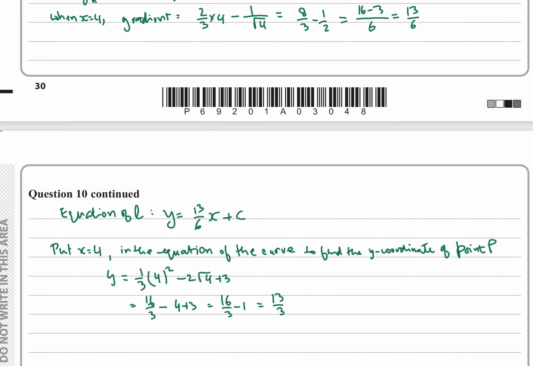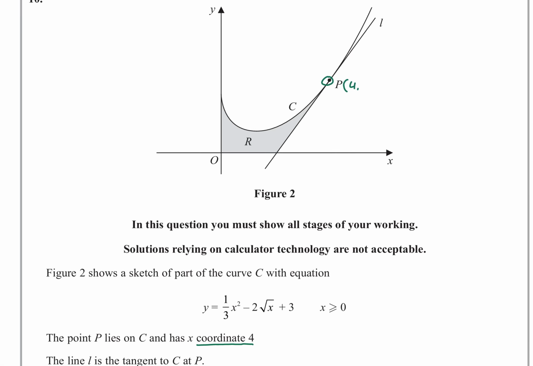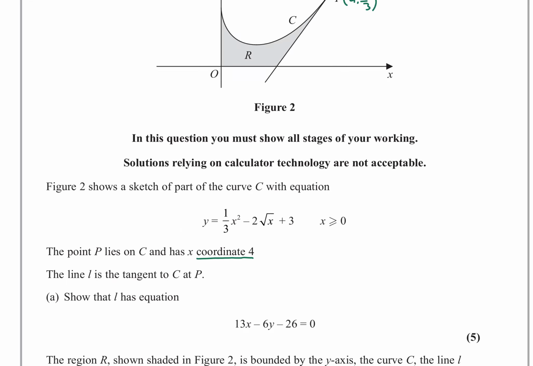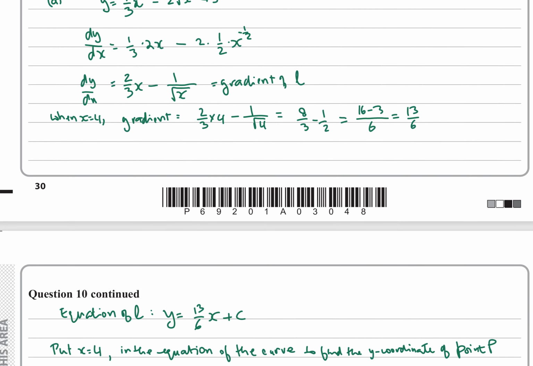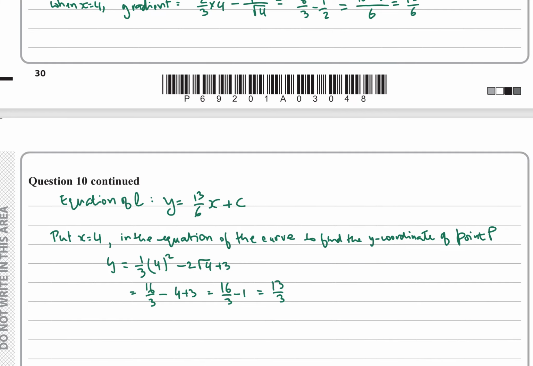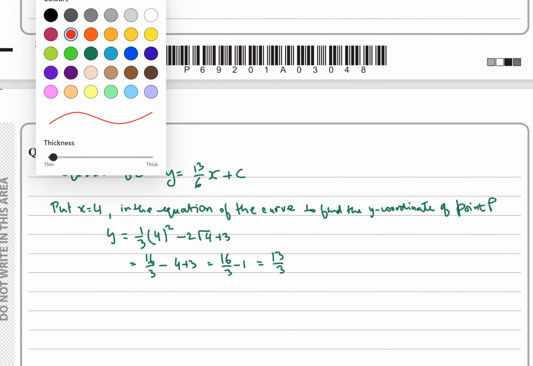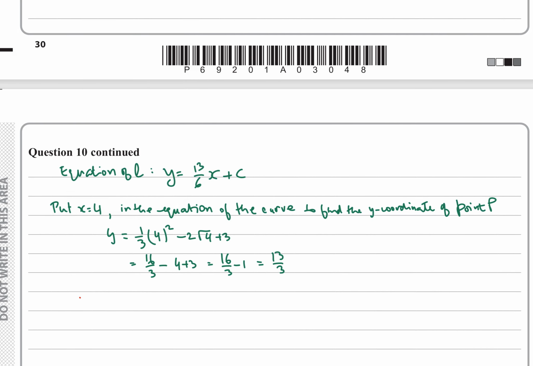So the coordinates of the point P, I can write P is (4, 13 over 3). So now I can find out what c is.